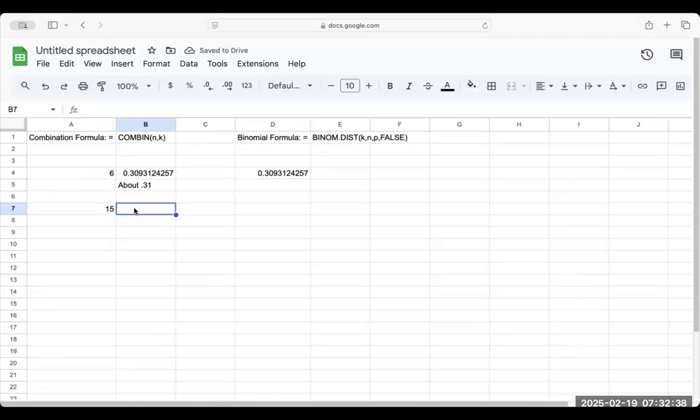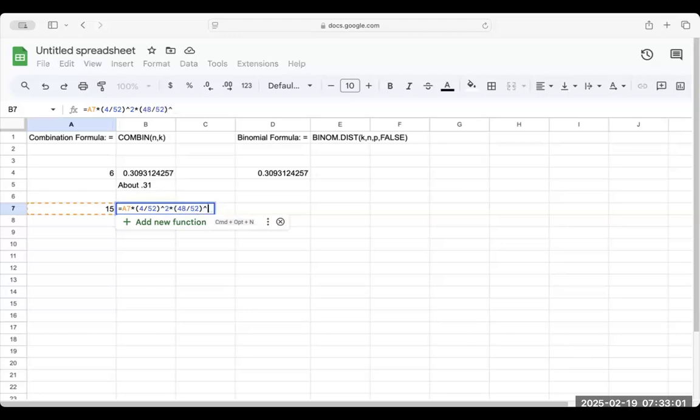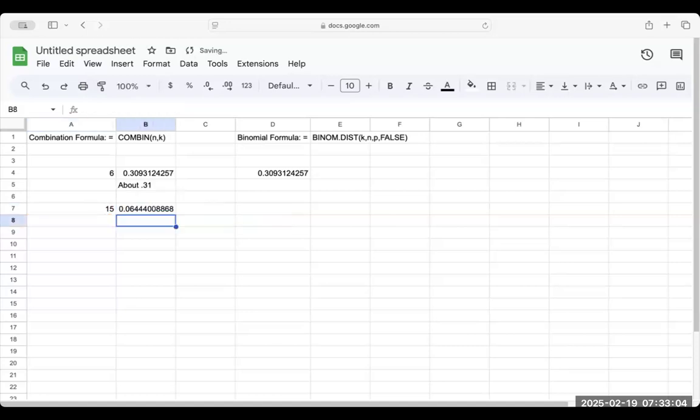And then if I want to do it by hand without using the binomial formula here, what I'm going to put is equals 6 choose 2, which was 15, times, we wanted 4 out of 52, we wanted 2 of these successes, times we want 48 out of 52, we need 4 of those because those are failures. And if we hit enter, we get 0.0644. So the probability that we draw 6 cards and exactly 2 of them are jacks is 0.06. There's about a 6% chance that that would happen.